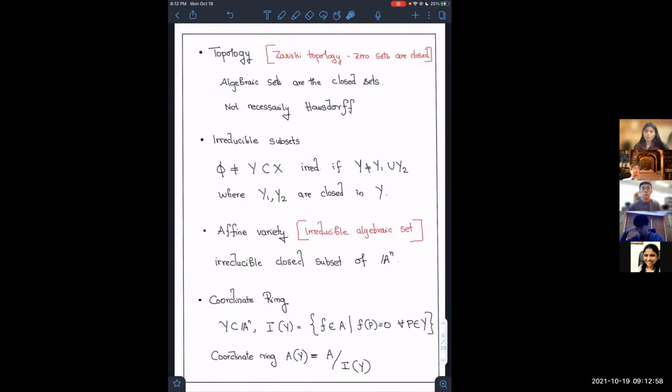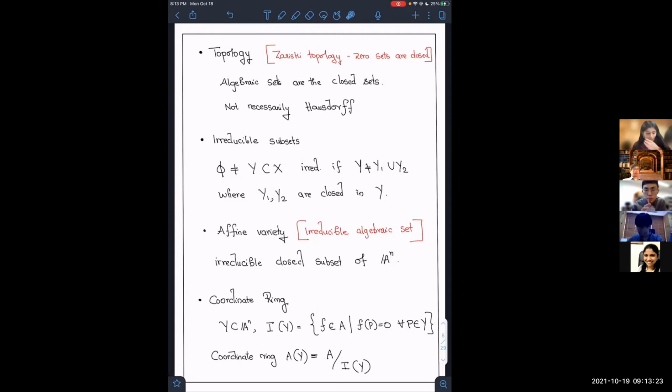Okay, so now we assign some topology. The topology on this space is called the Zariski topology. Since we want to study these algebraic sets, we call the algebraic sets the closed sets, and this is the topology on the space, and it's not necessarily Hausdorff always.